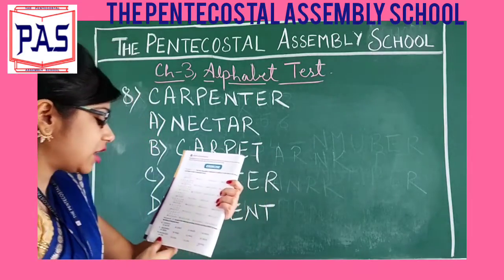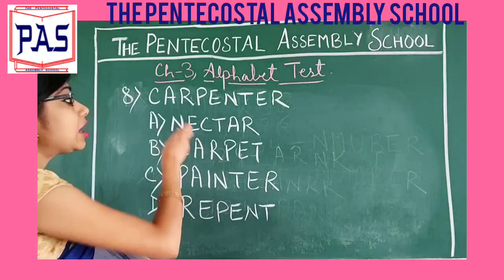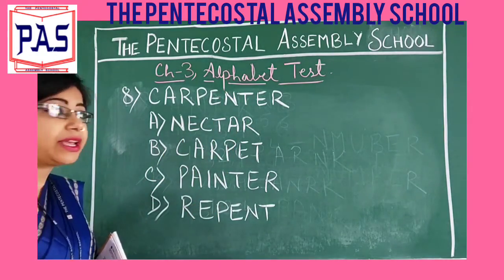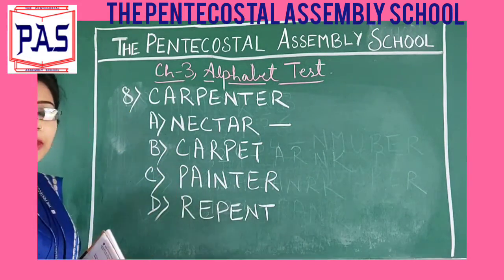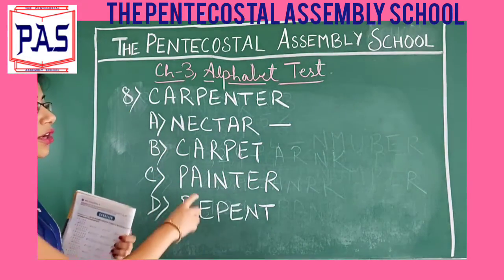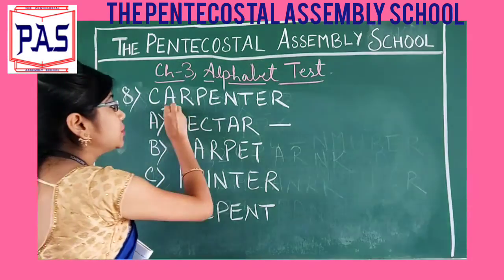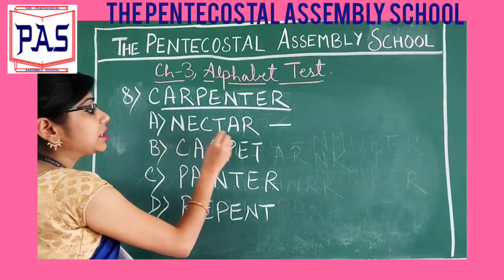So let's start with question 8. Carpenter. Carpenter is the word given here in question number 8. Let's check out which word we cannot make from this word. Option A is nectar.